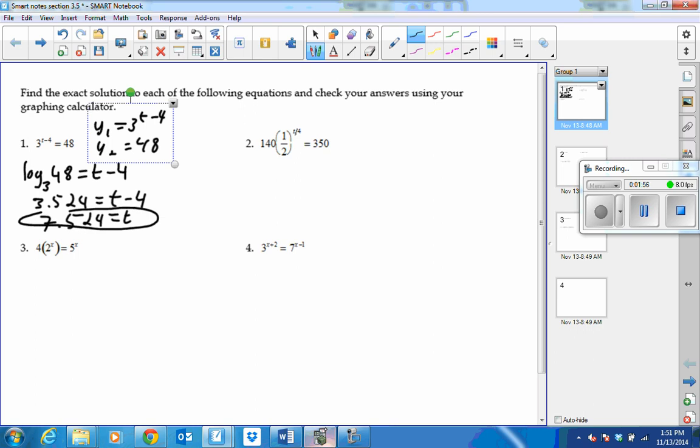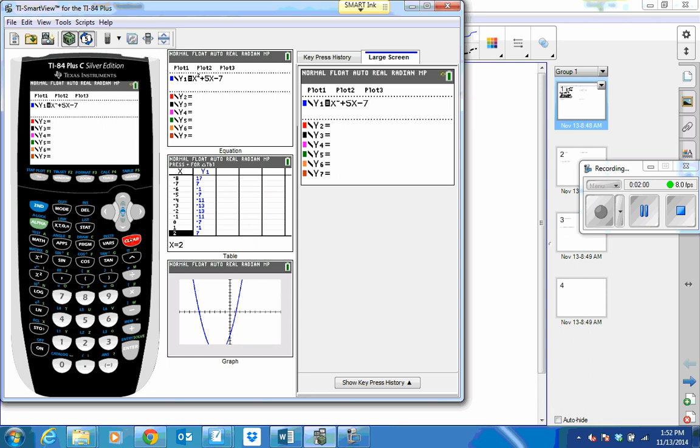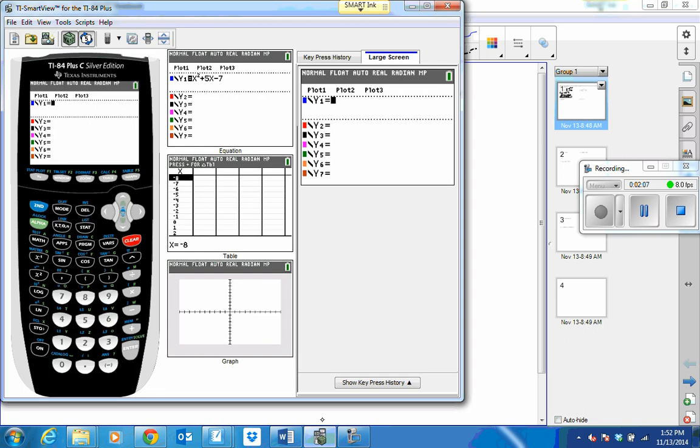So let's go into our calculators and clear out whatever's in y sub 1. And in y sub 1, we're going to put 3 to the t minus 4 power. So hit 3 to the, now be sure you use parentheses. Obviously, we're going to use x minus 4. And then in y sub 2, we're just going to put 48.